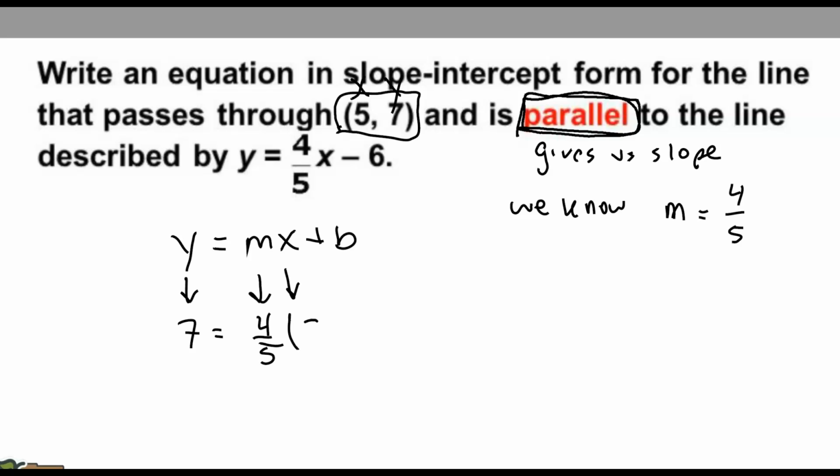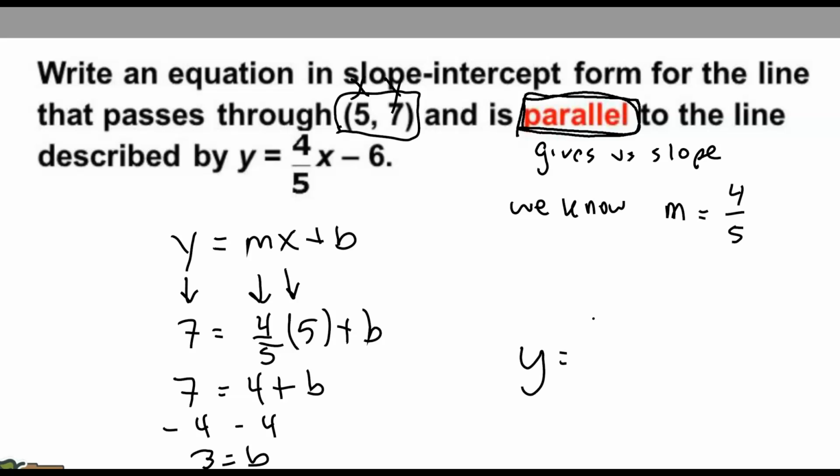Our x-coordinate is 5. 4/5 times 5, the 5's cancel, so you're left with 4. And we can subtract 4 to get our b value of 3. And of course, it's asking for the equation, so we're not done. We've got to make sure to write our equation y equals 4/5 x plus 3.